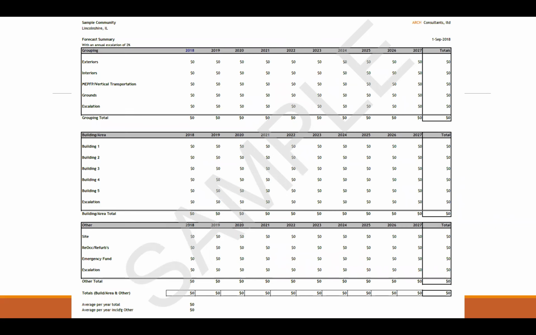This chart is a simple spreadsheet that divides the information into groups and areas of the building, exterior, interior, and then any other aspects of the facility assessment, whether it be the site or the individual units, and any escalation cost that may be included.